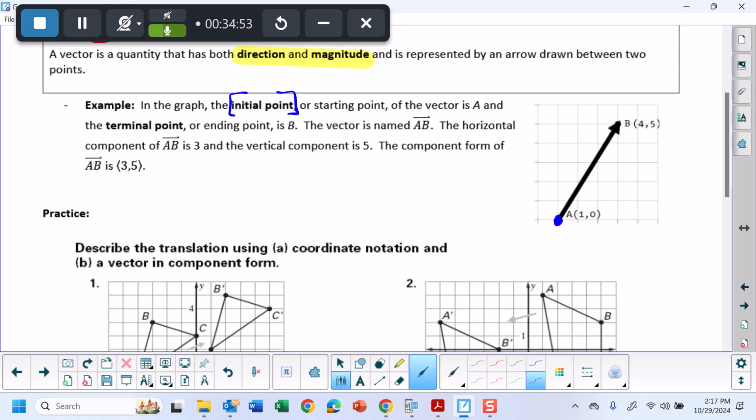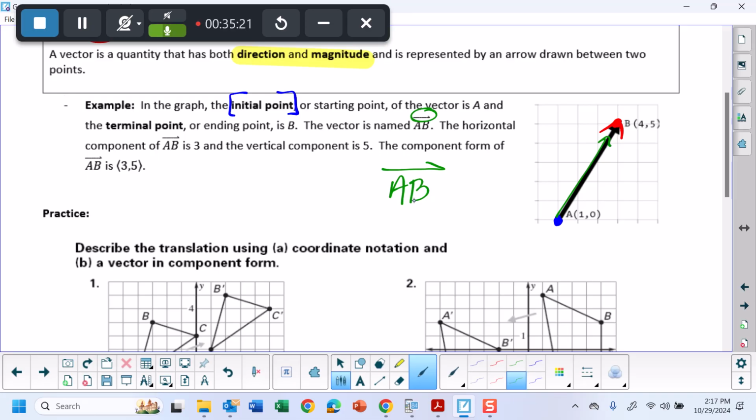Your initial or starting point of the vector is A, and your terminal point where you end up is B. The name of the vector is AB. What's interesting is you might not be able to see it here, but that symbol is like half of an arrowhead. So it's vector AB.